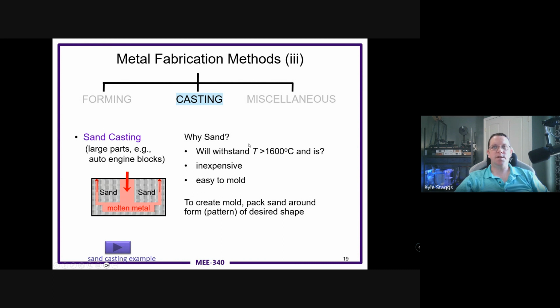Sand, the biggest reason is temperature resistance. It can withstand temperatures over 1600 degrees, and it's inexpensive. It's also very easy to mold with. So there are a lot of ways to get the desired shape, and I'll see if this works.